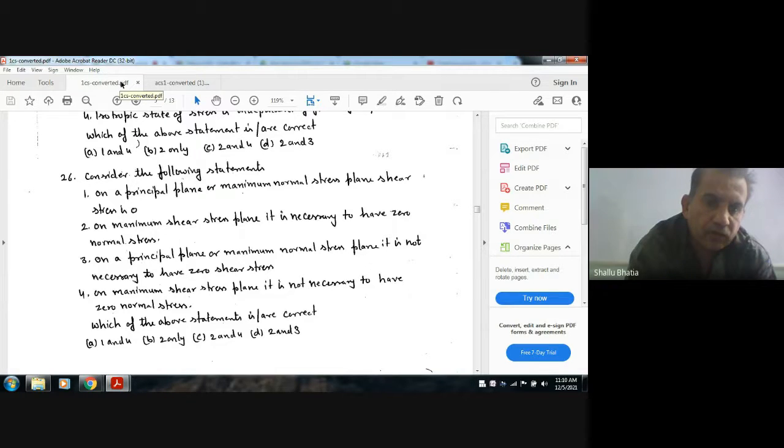Which of the above statements is/are correct? Option A 1 and 4, B 2, C 2 and 4, D 2 and 3.